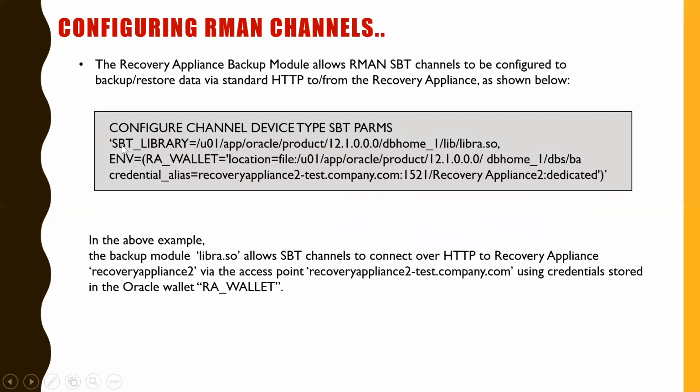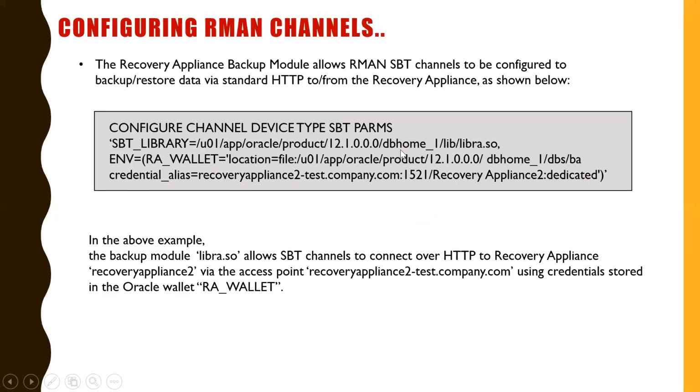We need to set this SBT library and point to the library path in the Oracle home. And the RA wallet is an encrypted key wallet that is required for authentication. If you want to communicate between the protected database and the recovery appliance, we need to have this wallet configured so that it can access that recovery appliance host on that particular port.